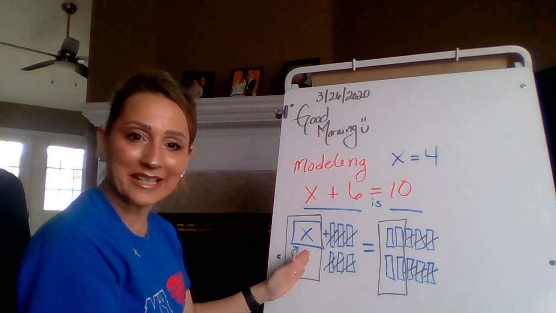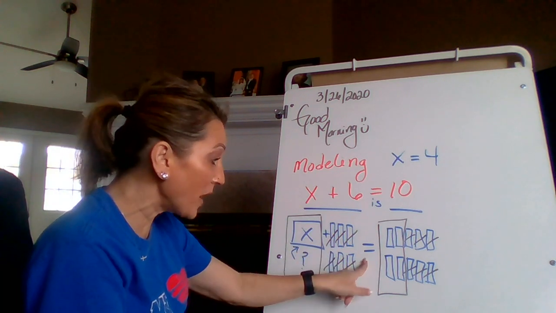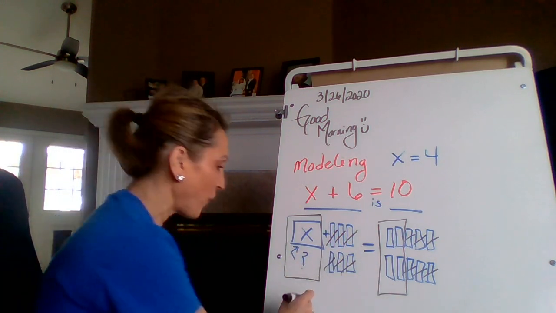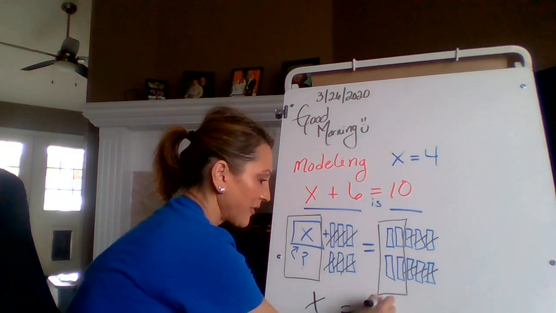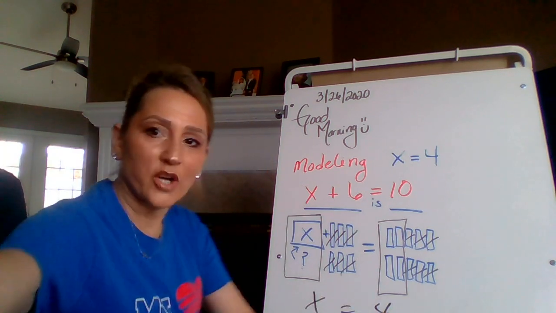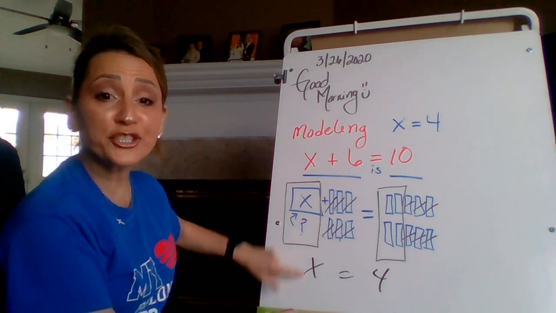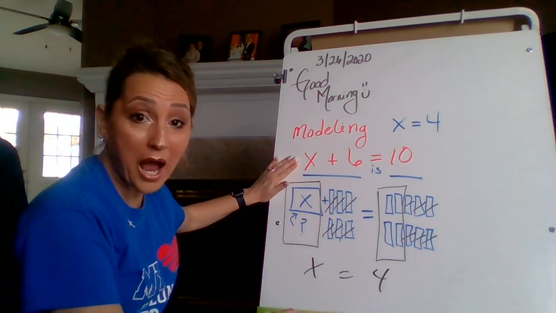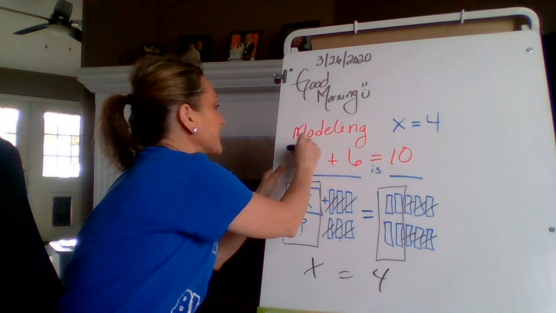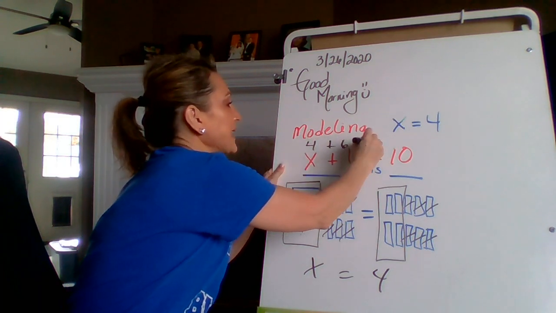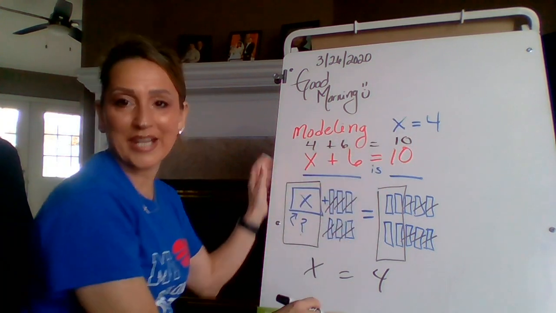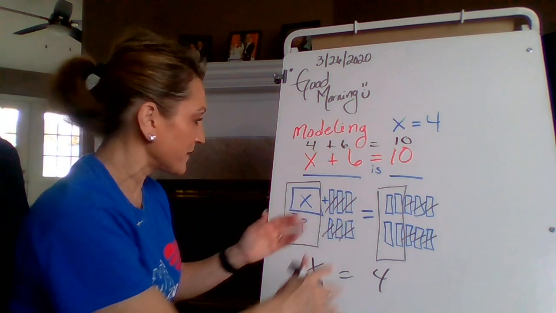So my x must be equal to the 4 number rods that are left. Sorry about that. And then I can substitute that x back into my problem to see if I am right. 4 plus 6, does it in fact equal 10? And of course it does.